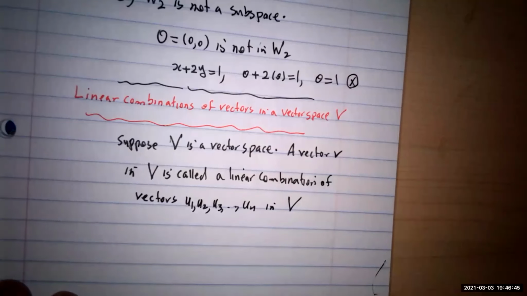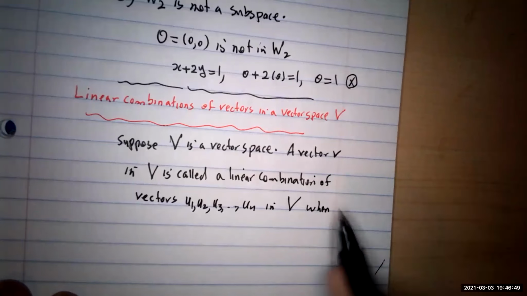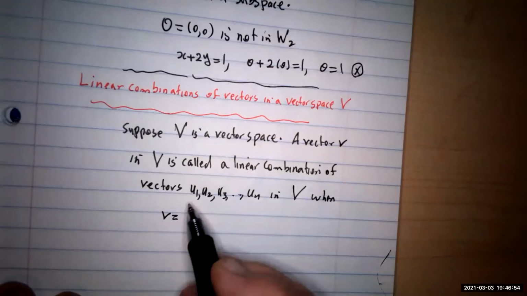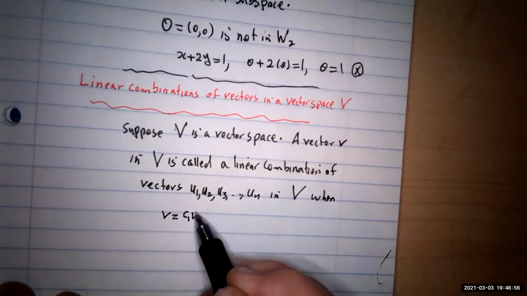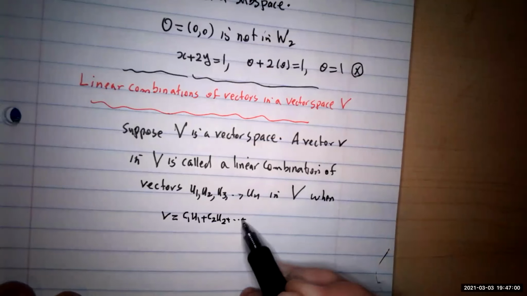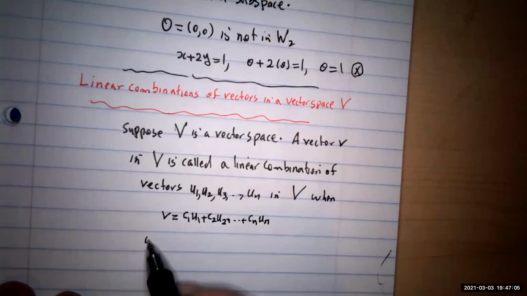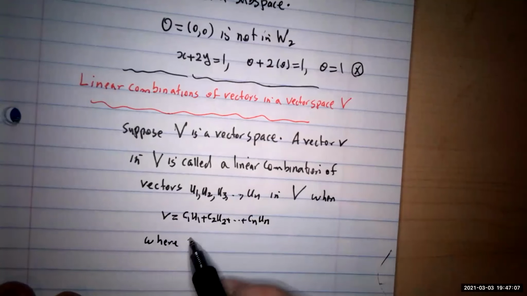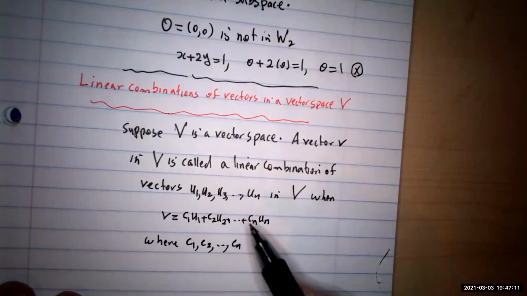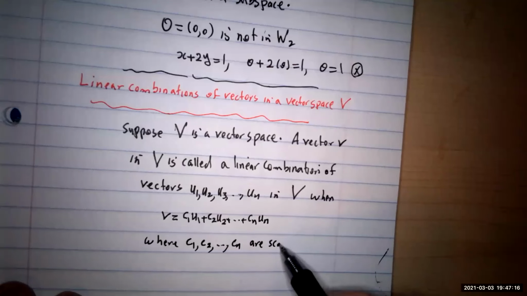It can be written in this format when the vector v is something like c1u1 + c2u2 + ... + cnun, where these c1, c2 up to cn are numbers, are scalars.